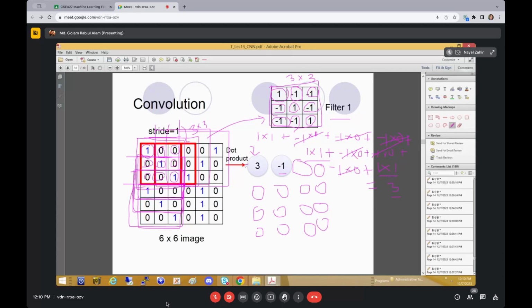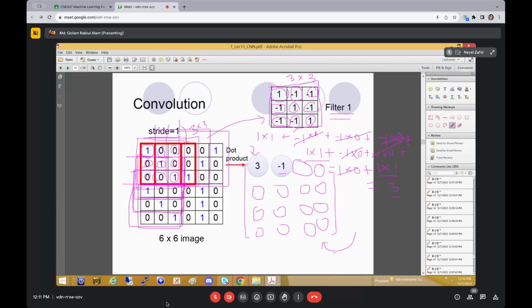so that means we can see that if we consider our convolution operation with just one filter here, the straight one, then the output will be this. This is the output.